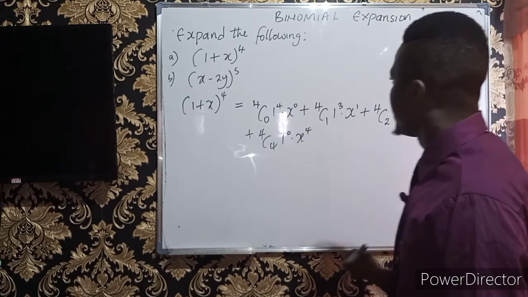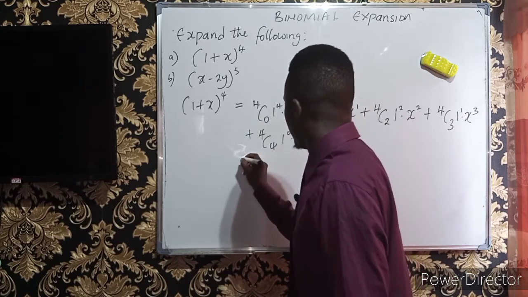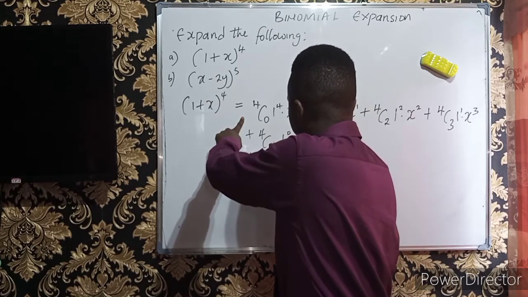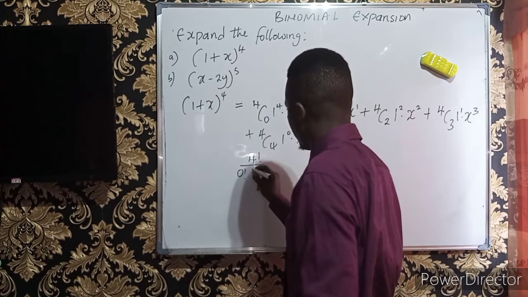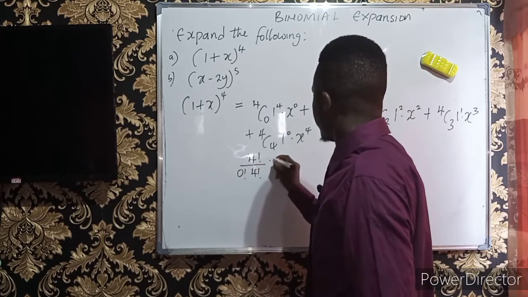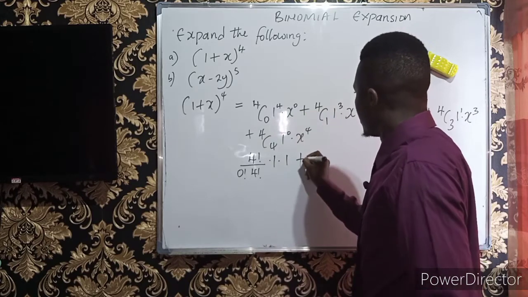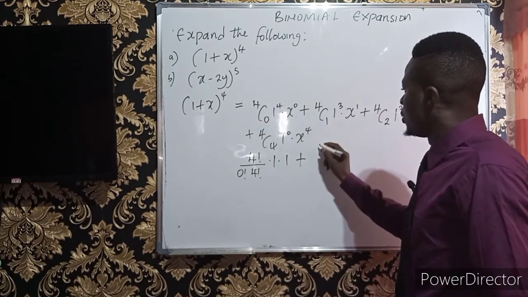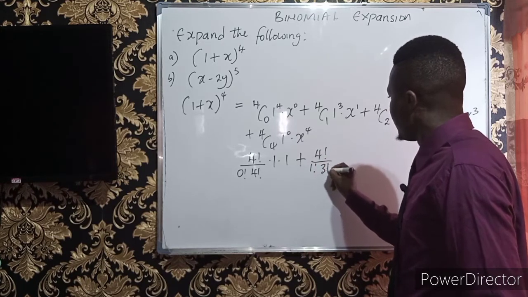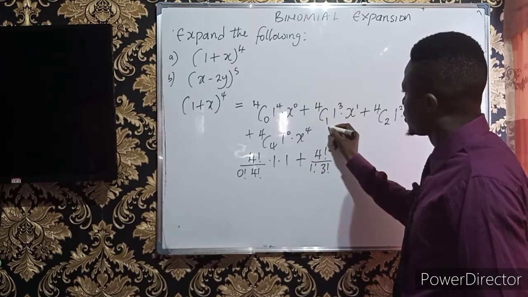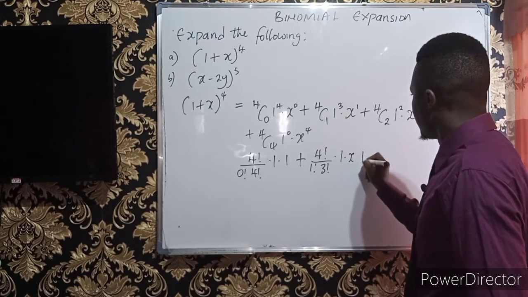Then you simplify. 4 combination 0, if you know combination very well, is 4 factorial over 0 factorial times (4 minus 0) factorial, which is 4 factorial. Then times 1, because 1 to the power of 4 is 1, times 1 again, x to the power of 0 is 1. Plus 4 combination 1 is 4 factorial over 1 factorial times 3 factorial. 4 minus 1 is 3, 1 to the power of 3 is 1, times x.